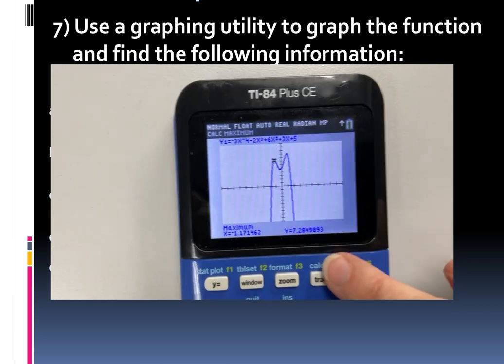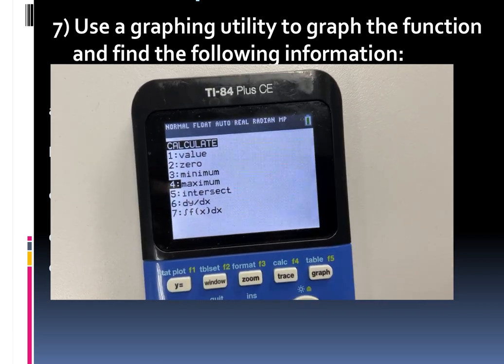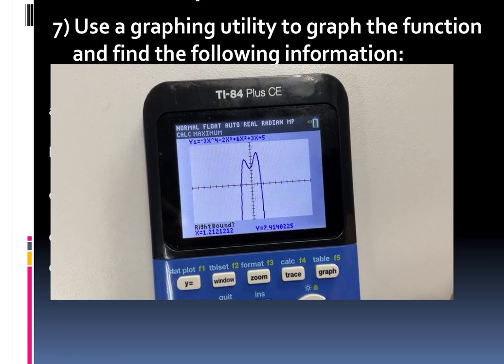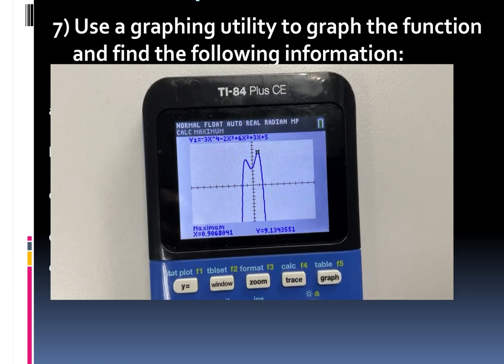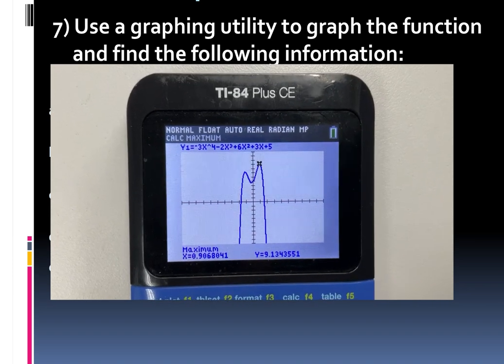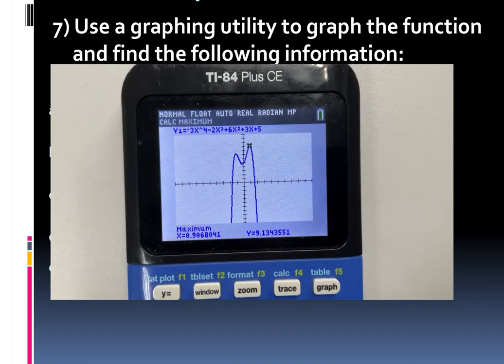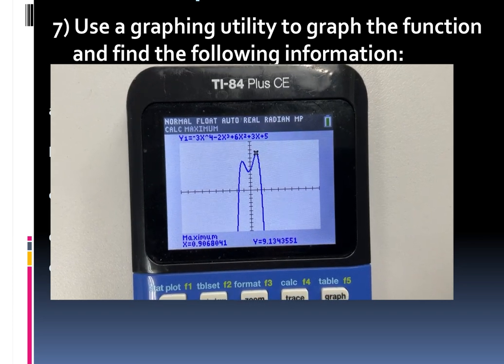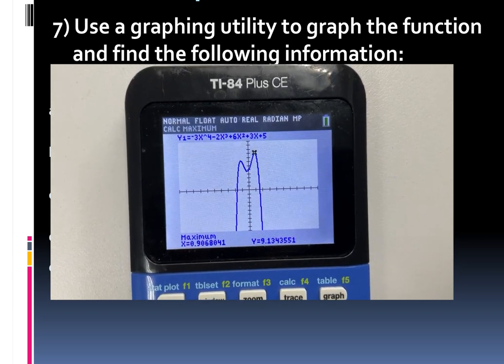Then I'm going to do it again. Second trace. I'm going to go to the other maximum. Left of it, right of it, guess, and there's my other one, 0.907, and 9.134.